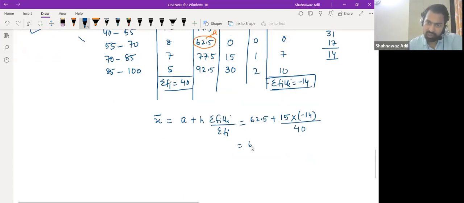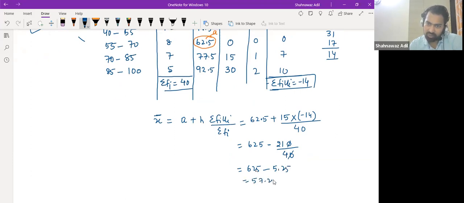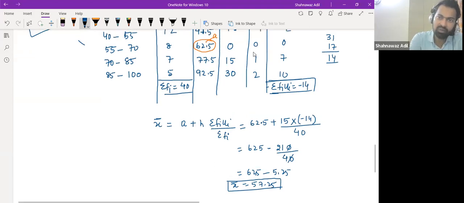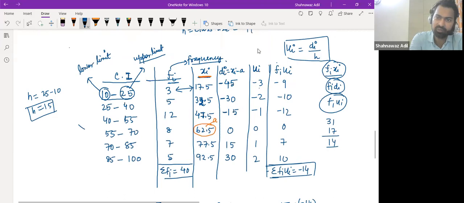This is 62.5 minus 60 and 210 by 1. So this again would be 5.25. So 57.25. So you saw that in all the methods, we will get the same result. The answer would be the same, only the simplification would be easier. Calculation would be easier in this method.